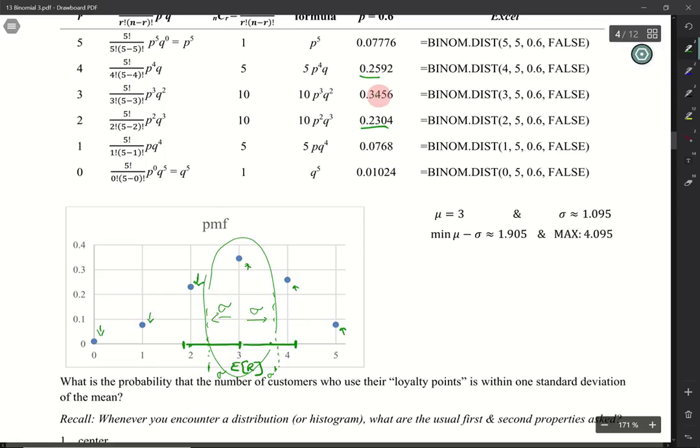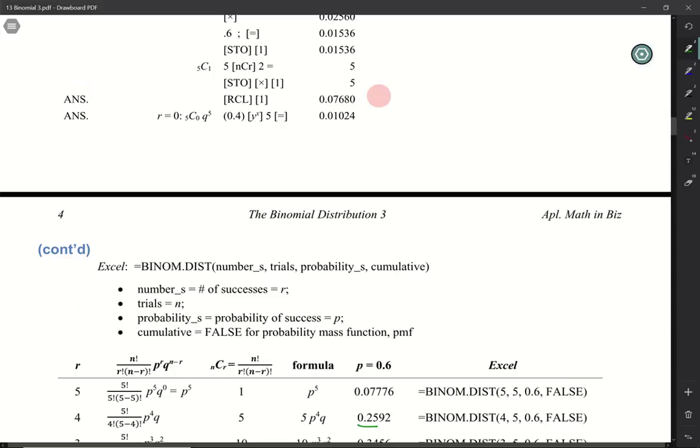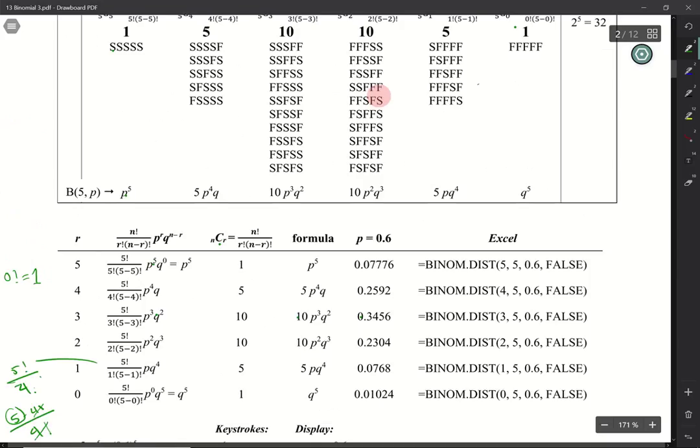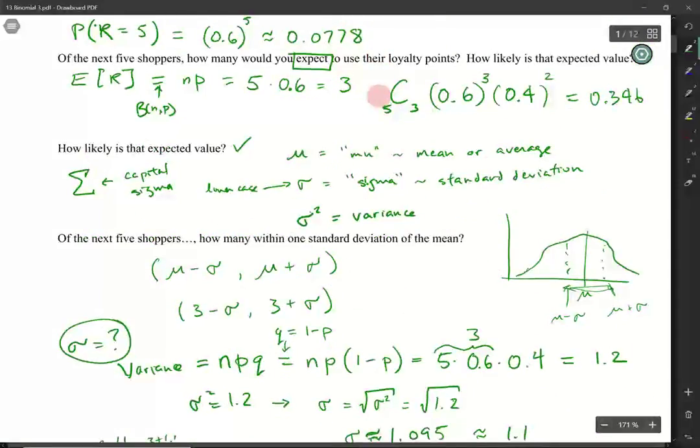So 80% of the time you're going to get 2, 3, or 4. Does that make sense? So depending on what your question is, you may have a slightly different calculation. Yeah? Does that make sense? Okay.